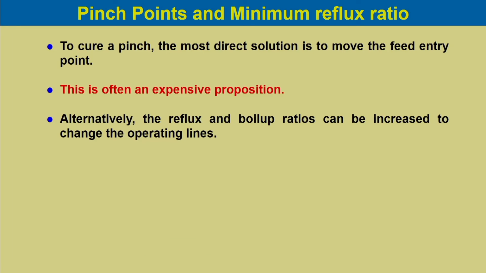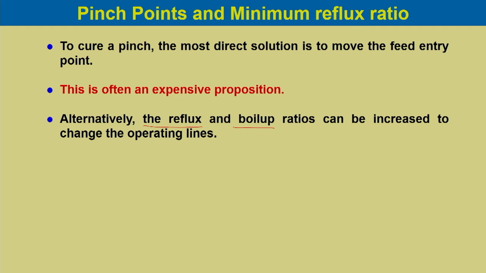Alternatively, we can increase the reflux ratio or boil up ratio to change the operating line. So, alternatively we can change these two things, one is the reflux ratio and another is the boil up ratio. If we increase these, it will cure the pinch point.